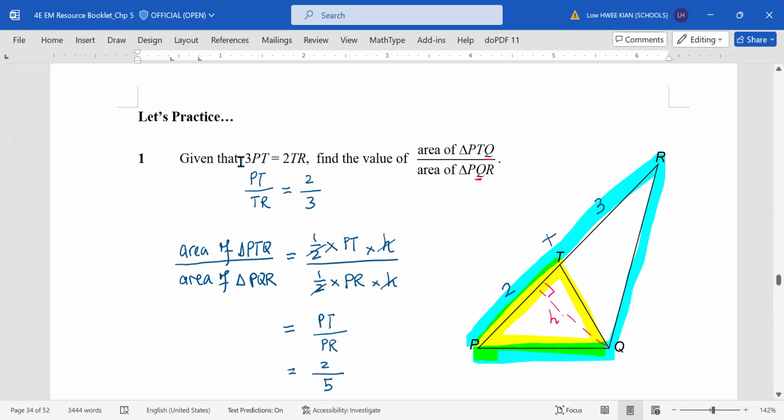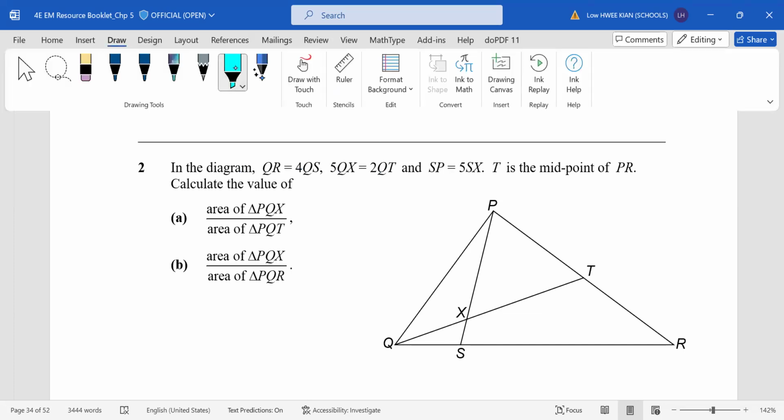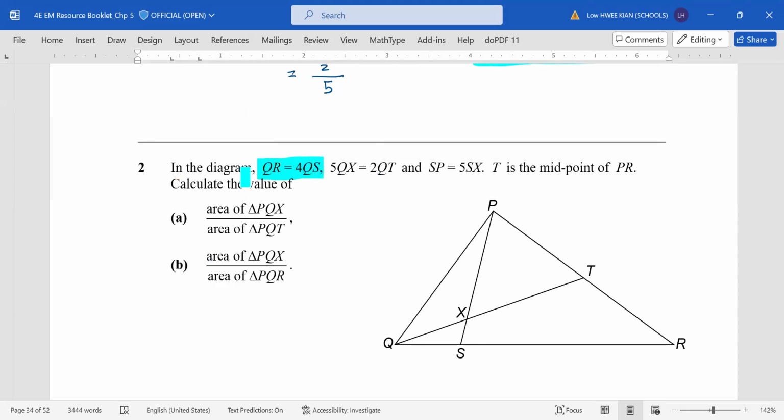Now let's take a look at the other question. Okay, now this question looks a little bit more complex than the earlier one. Yeah, so let's see how we can apply what we already know. Let's take a look at the information that we have. The first information that we are given is QR is equal to 4 times QS.